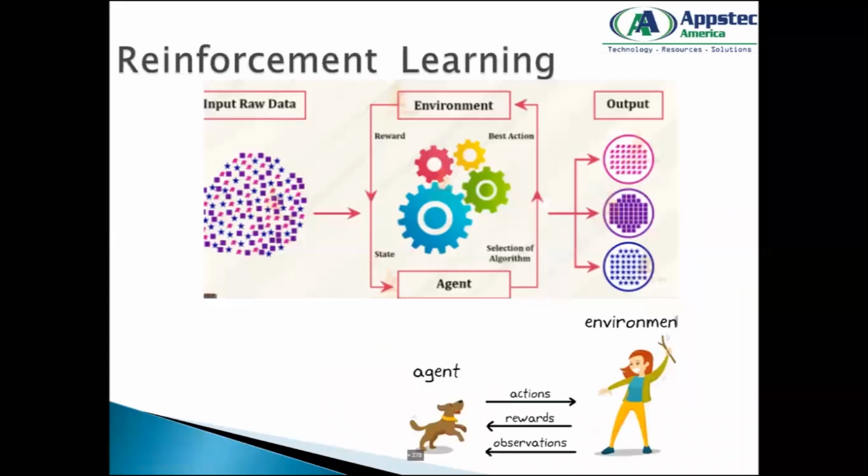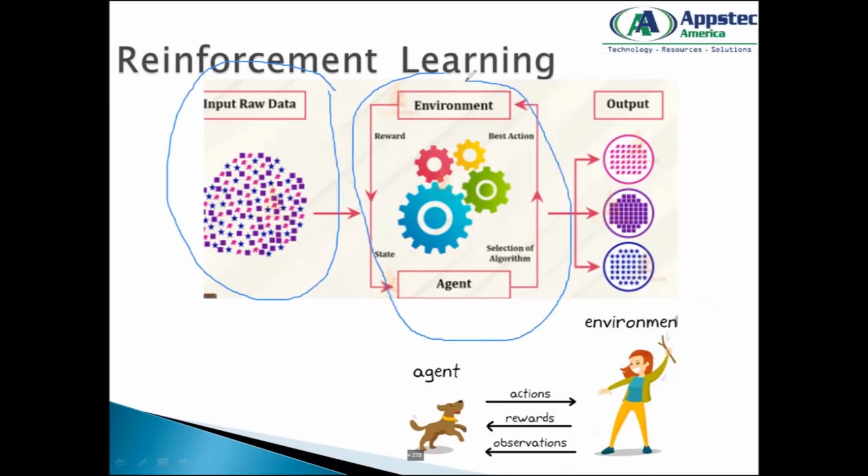Then, another prominent part of machine learning is something called reinforcement learning. So what does reinforcement mean? Reinforcement learning is nothing but, let's say I have my input data, I have some machine learning processing, and I have my output.